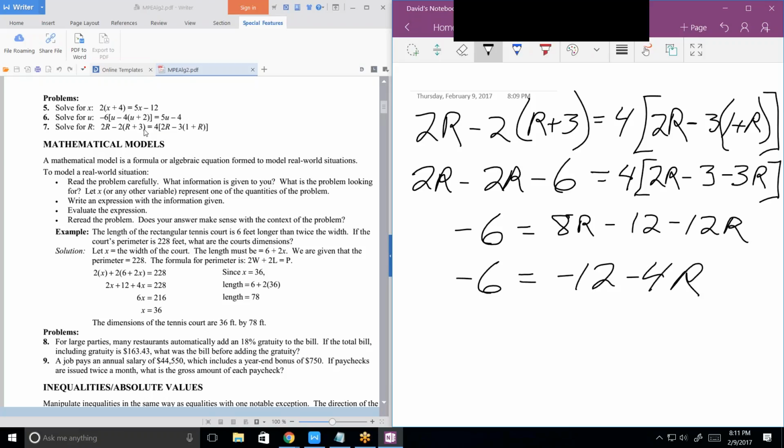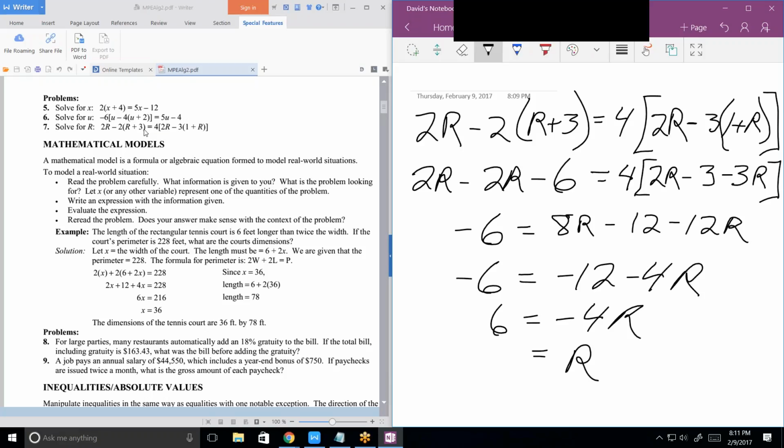And the next line. 6 equals negative 4r. And the next line. Divided by negative 4. So r equals 6 over negative 4.